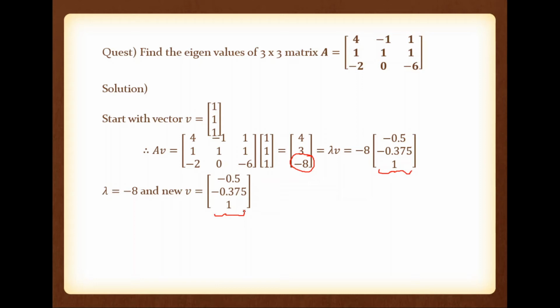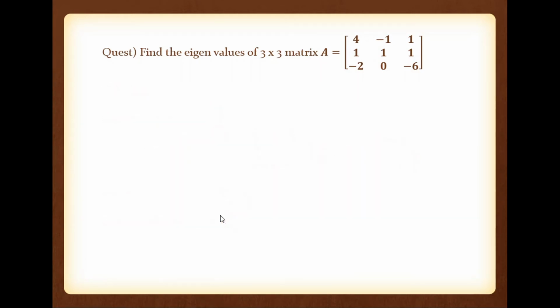We have to take this V as the new vector for the next iteration. So we are continuing our iteration. For the purpose, draw a column.